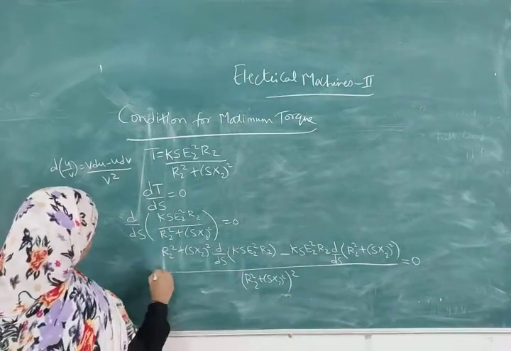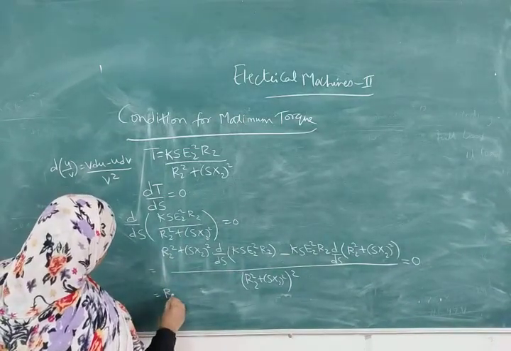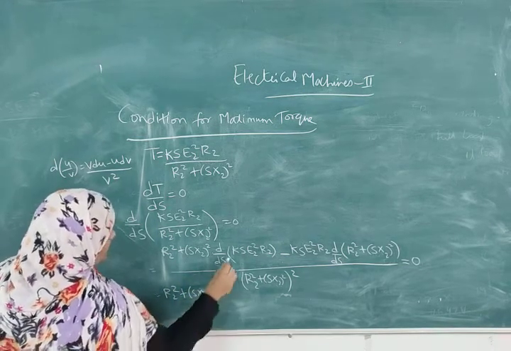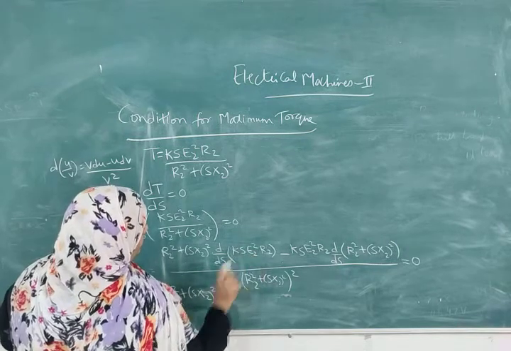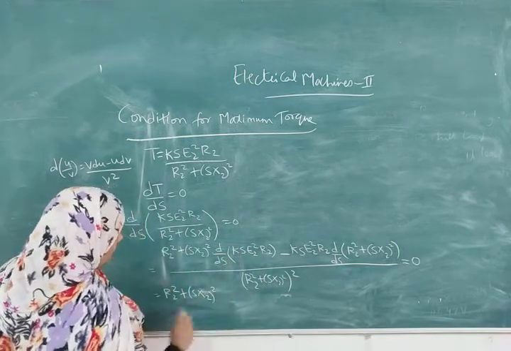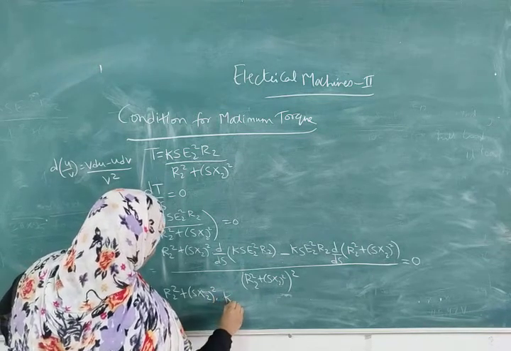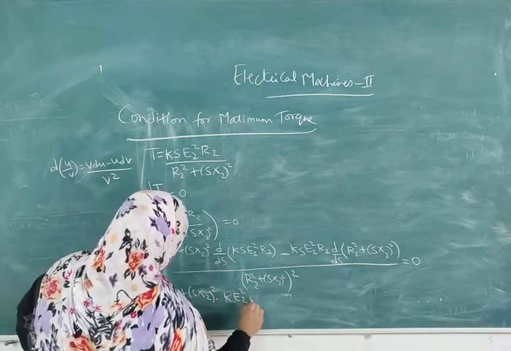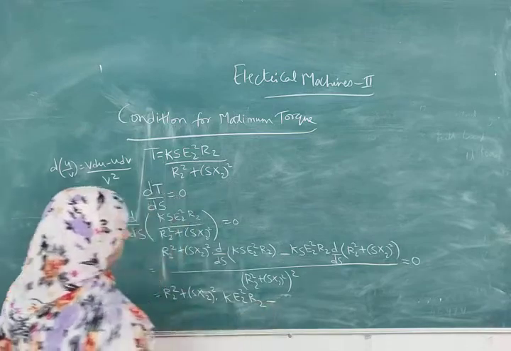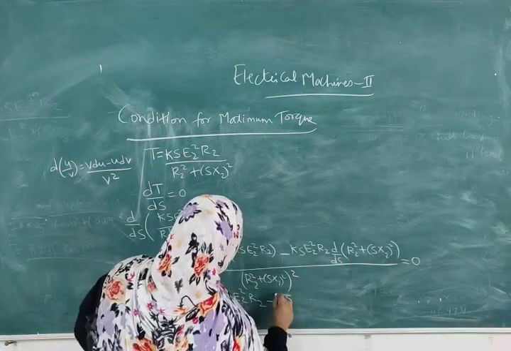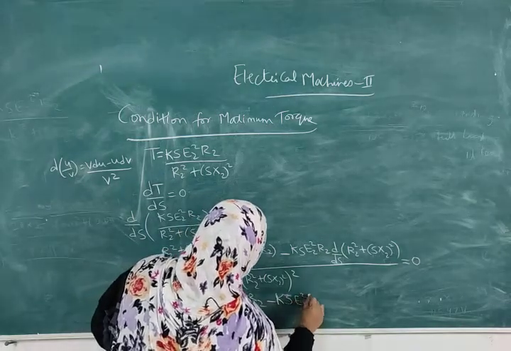Now differentiate this here: R2 square plus (s x2) whole square, K is constant, E2 square R2 is constant. So ds by ds is 1. So what I can write here: K E2 square R2 minus K s E2 square R2.